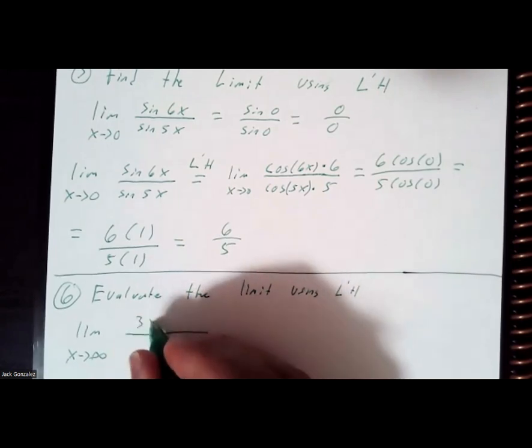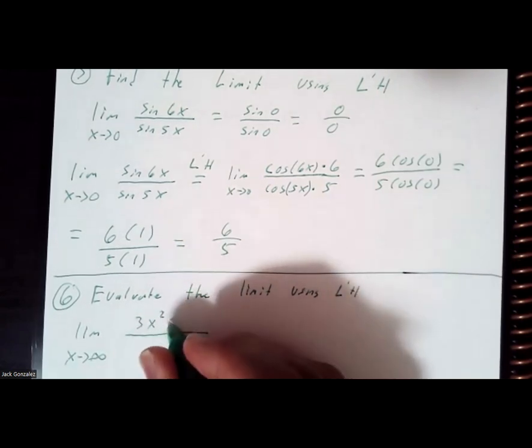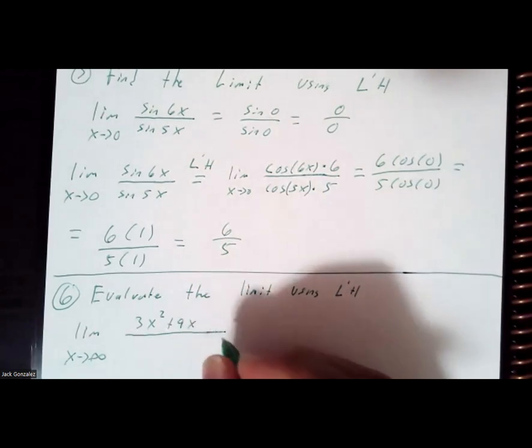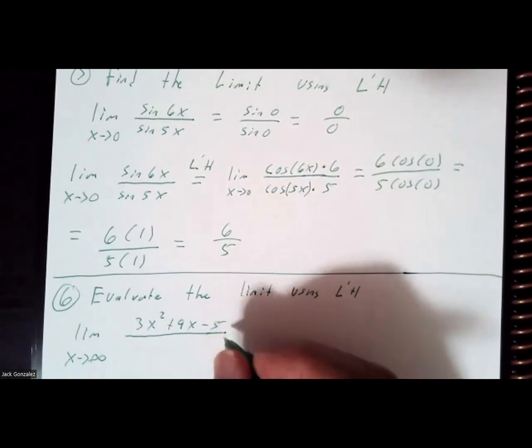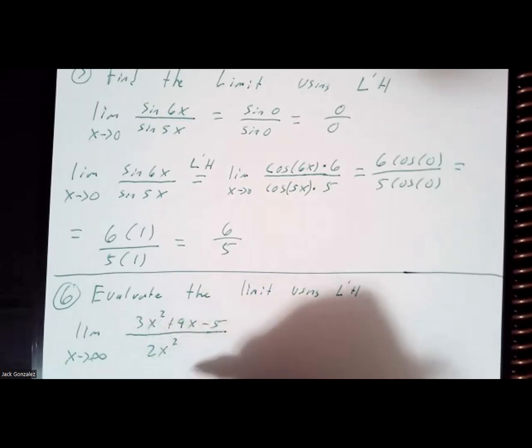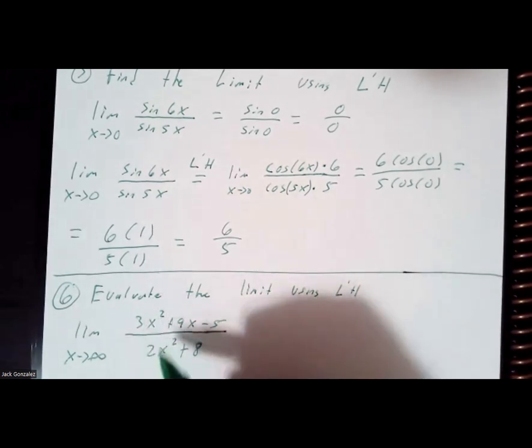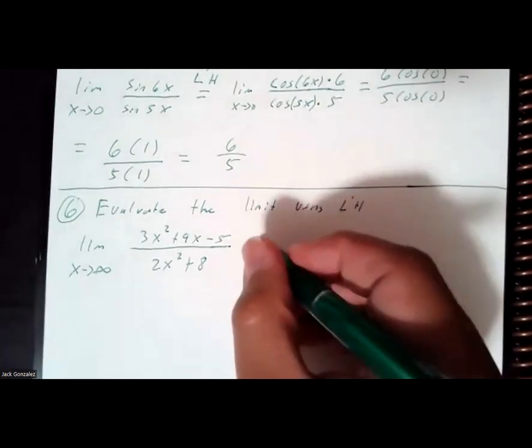Right away you should see, well, maybe you remember from chapter 2, we said if you have an infinite limit, if the degrees are the same, we would just take the coefficients. But this time we're going to use an actual official rule.